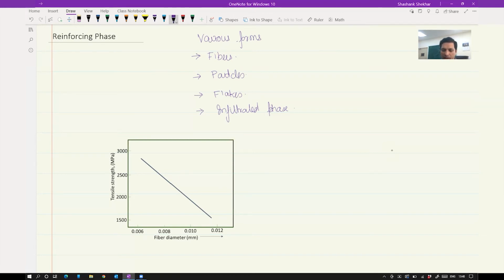In that case, the fibers themselves will have very high strength, and therefore will be able to carry much higher load. So this is the tensile strength of the fibers, not the composite, and you can see that as the diameter increases, it is reducing. It is becoming more and more prone to having defects.